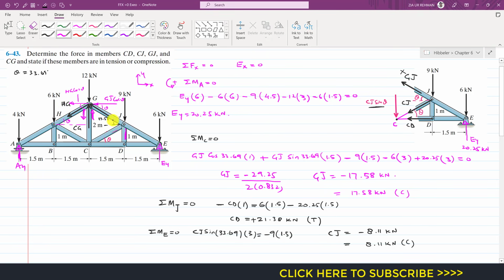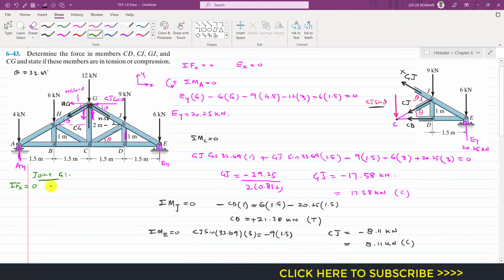So now if I apply the summation of forces along x at joint G equals to 0. As we can see, this Hg cos of theta is acting in the negative x, and this Gj cos of theta is also acting in the negative x.